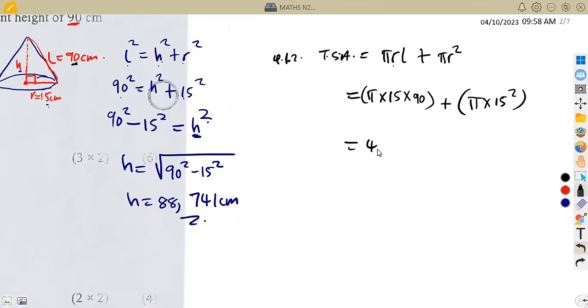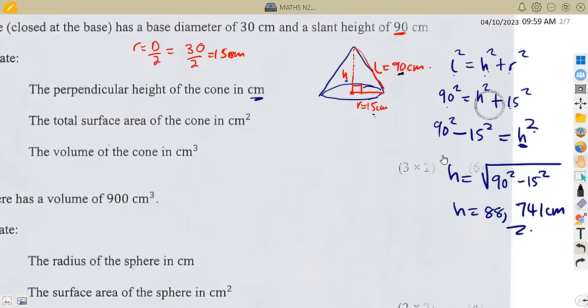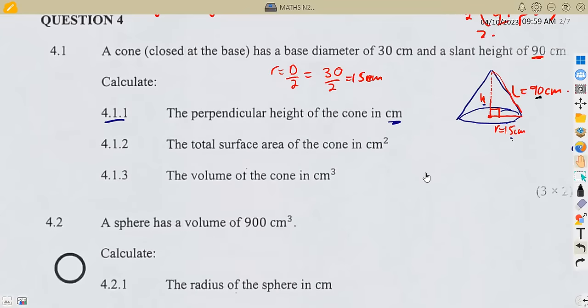So we're going to obtain 4,948.008 square centimeters. All right, so that's your total surface area.